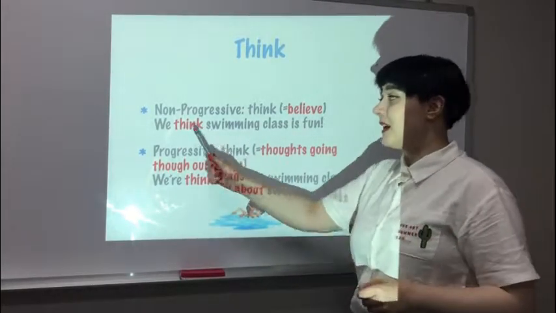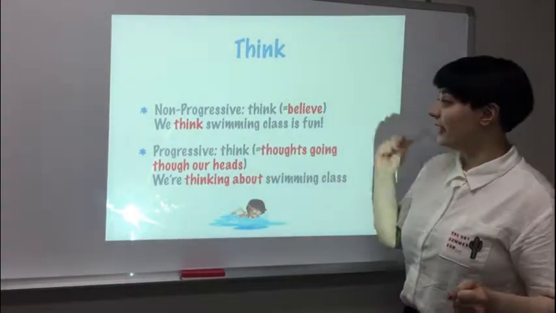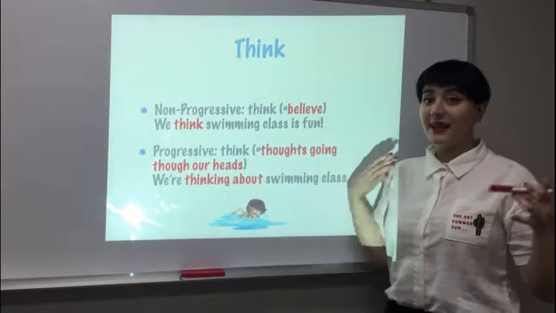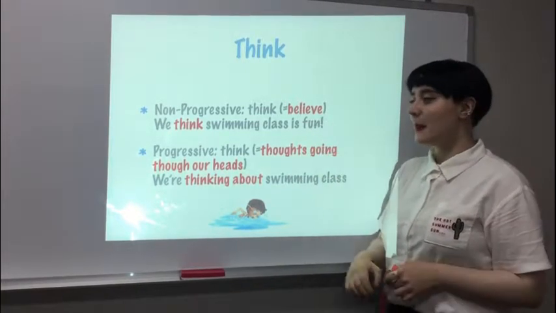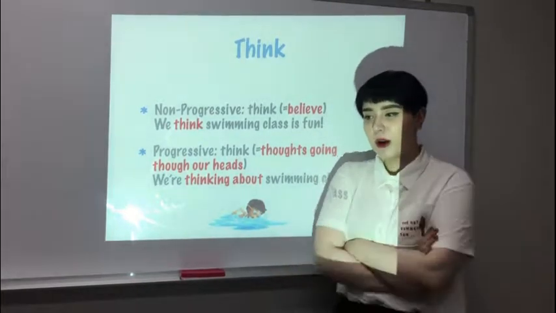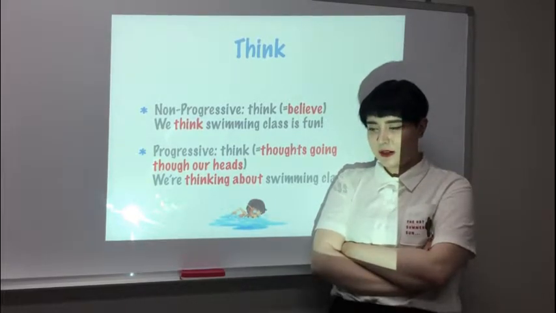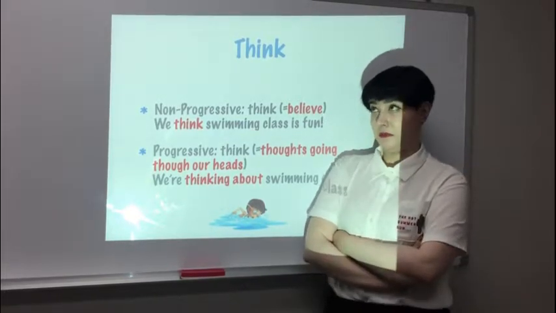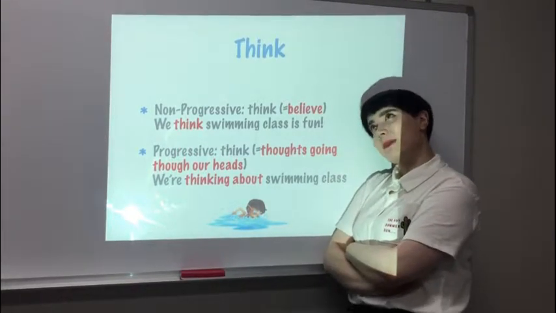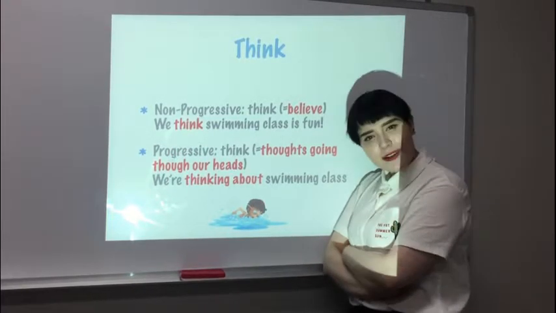So, for example, we could say, we think swimming class is fun. That is something that does not change in a second. You think it's fun for a long time, isn't it? But when you say, oh, we're thinking about swimming class, let's say you're in your English class right now, but you really want to swim, so you're just dreaming of and thinking about your swimming class, and then your mom asks you, hey, what are you thinking about?